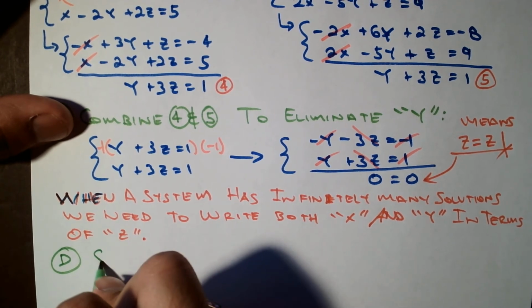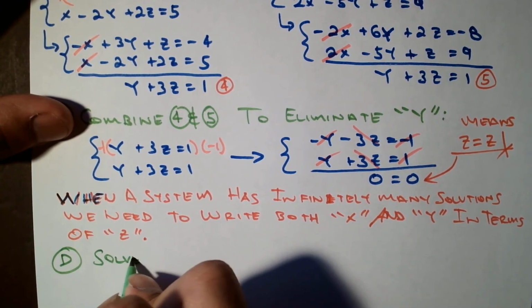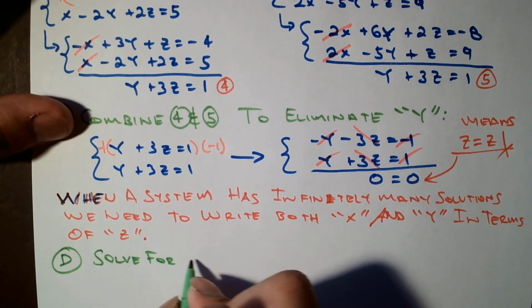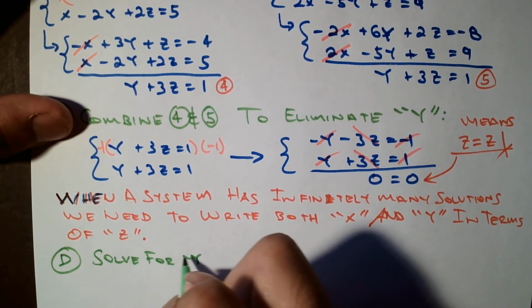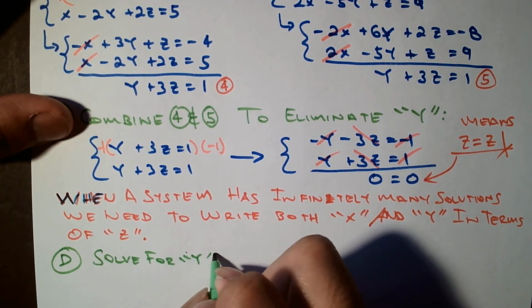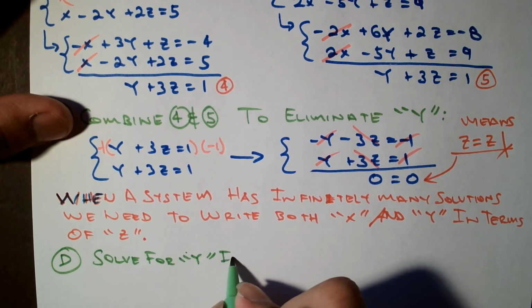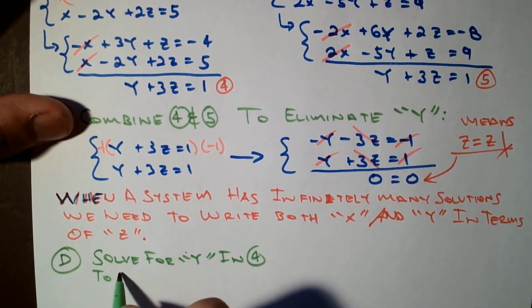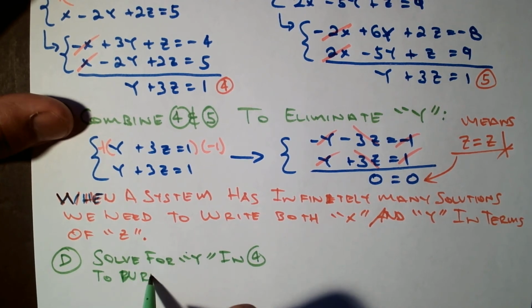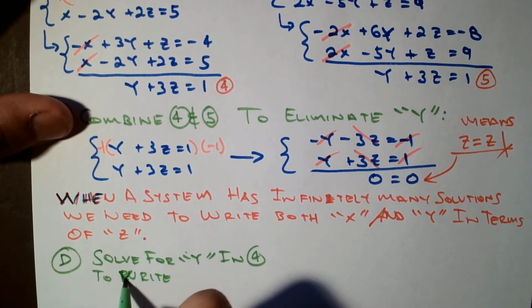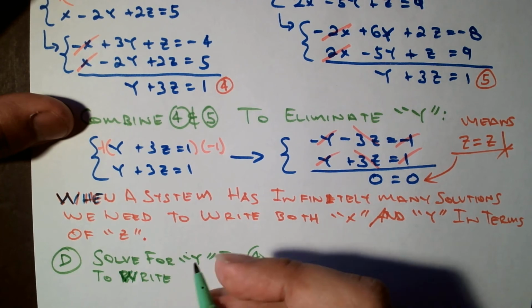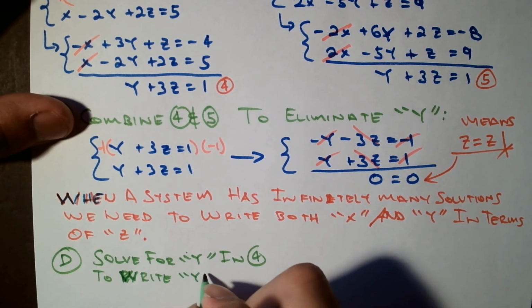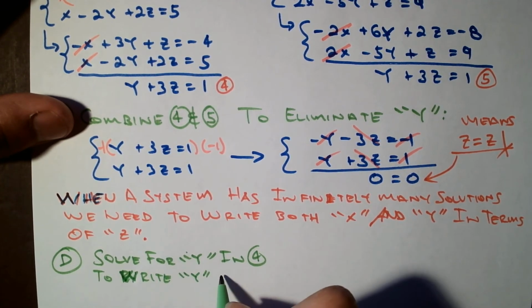Now, for part D, in a situation like this, solve for y in 4 to write y in terms of z.